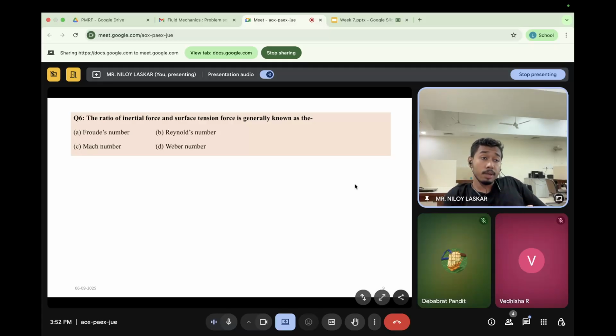Basically, this number will tell you whether the effect of surface tension is significant in a specific problem or not. Like I discussed about inkjet ink, this concept is quite essential, and based on it you can make a large printer or a small printer, because the concept should be the same. That is the fundamental here.